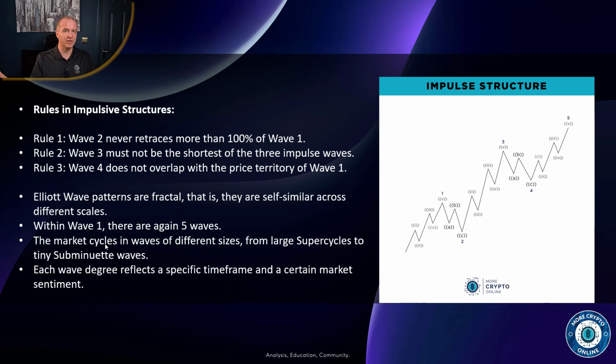We talk about wave degrees, right? You have different sizes, different degrees, from large supercycles that can span years to decades, to tiny so-called sub-minuette waves, very small, low wave degrees on the smallest time frames. So again, you can find it on different time frames and degrees.